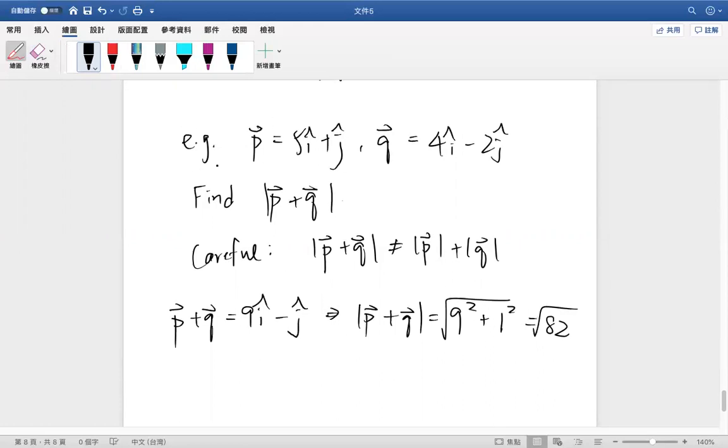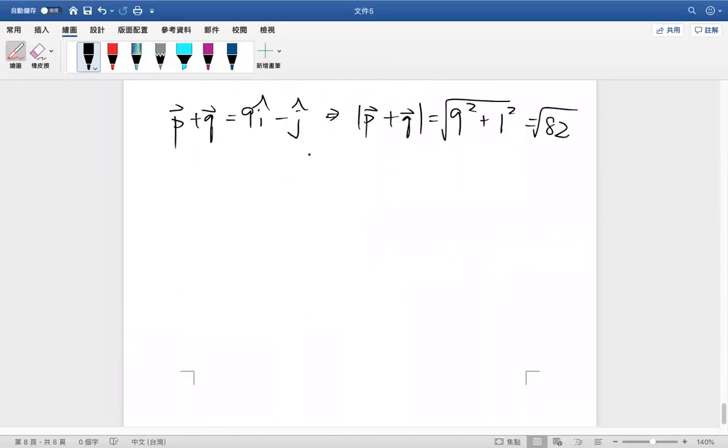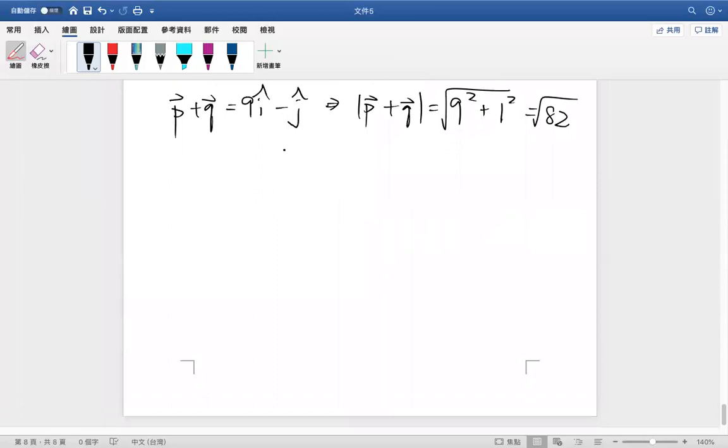So this is the magnitude, and we would also like to find the direction. For direction, for example, find the angle between 4i plus 5j and the positive x-axis.